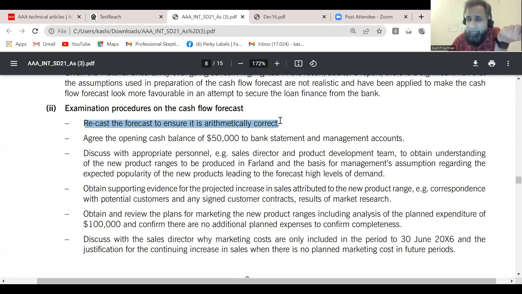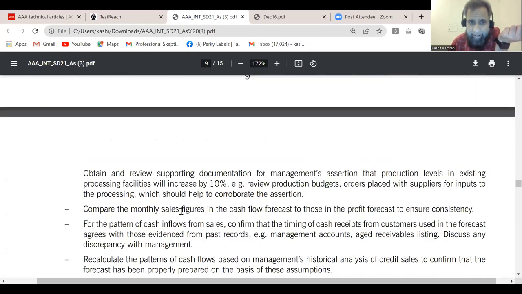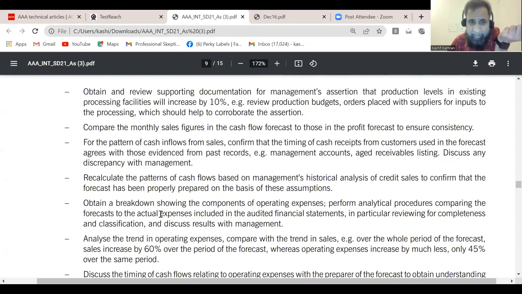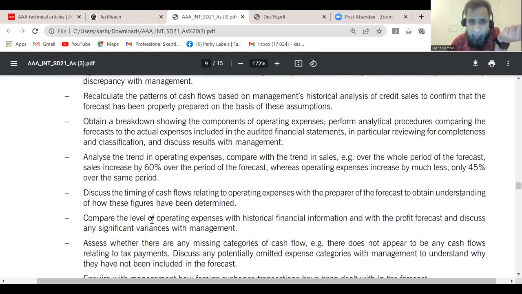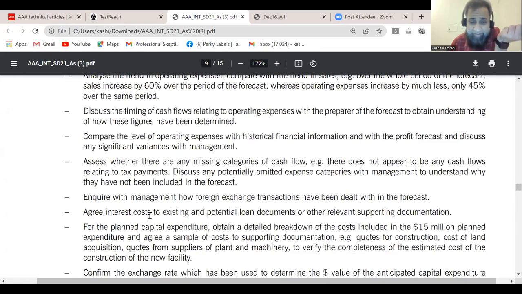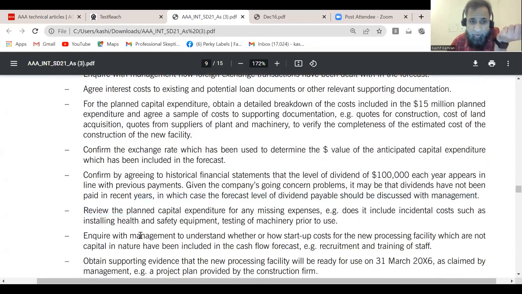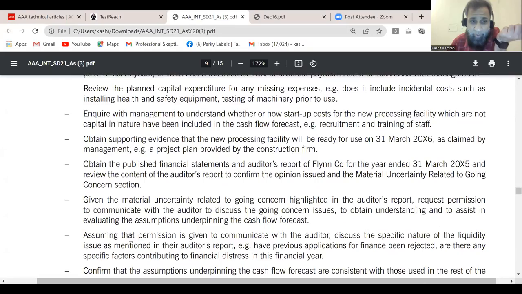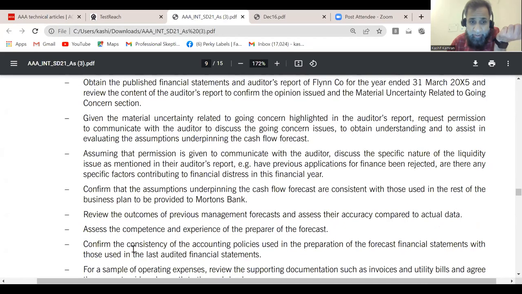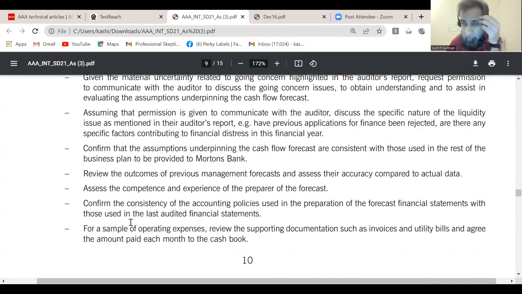See how many procedures the examiner has written for 9 marks? 1, 2, 3, up to 30 procedures.